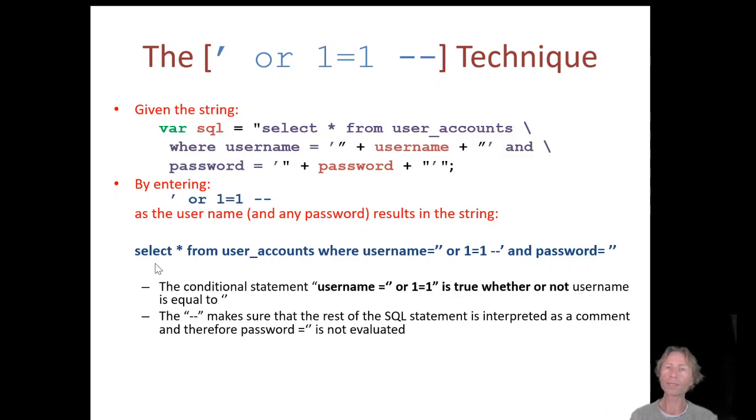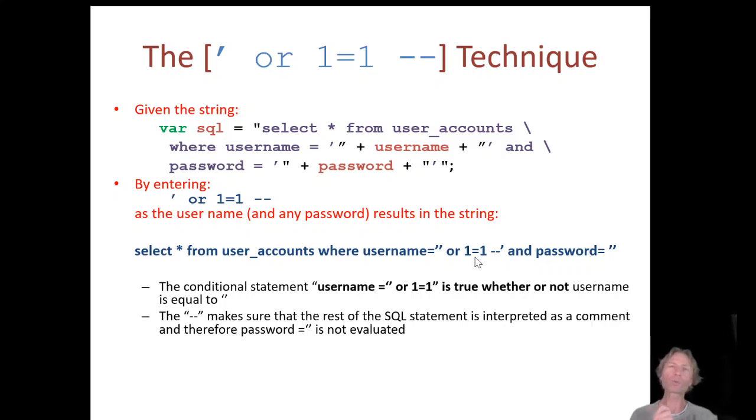Well, the query that is now created is: select everything from user accounts where username equals quote quote, so empty, or 1 = 1, minus minus, which means start of a comment, and the rest will be ignored.